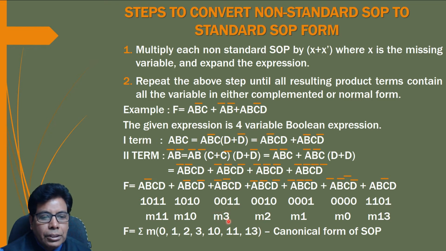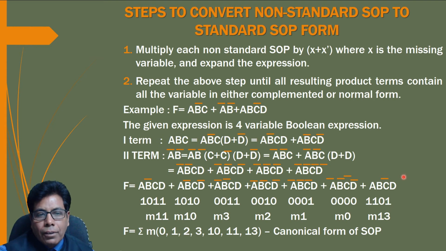So that is M3. Then a bar b bar c and d bar, that will represent M2. Then a bar b bar c bar and d, so it will be representing M1. And these all are bars, so it will represent M0. And this is a, b, c bar and d. So 1 1 0 1, that will represent M13.